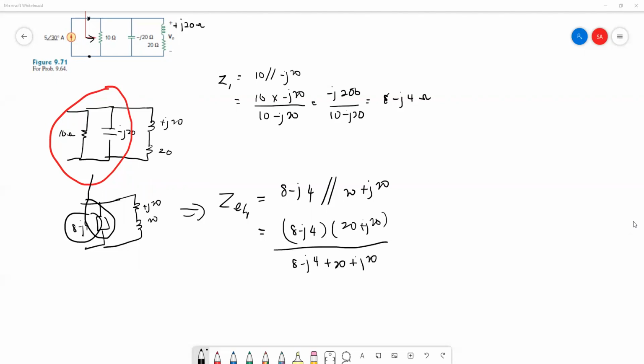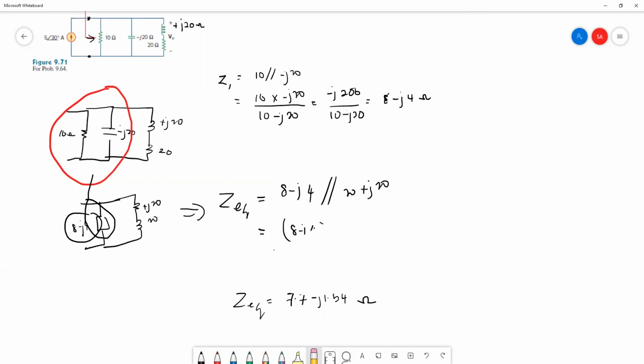Your Z equivalent is 7.7, and the remaining part by shift is negative J1.54 ohm. So that is your Z equivalent. Now, the next question is to find your V out.